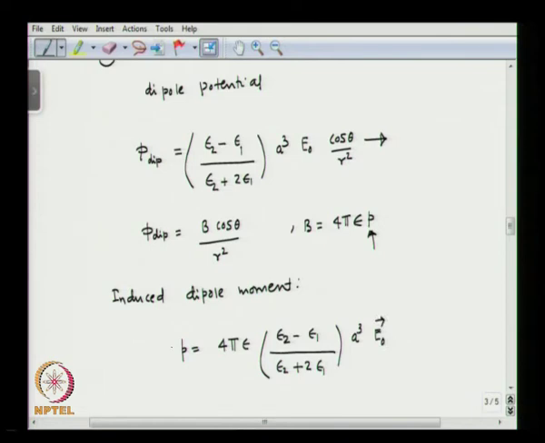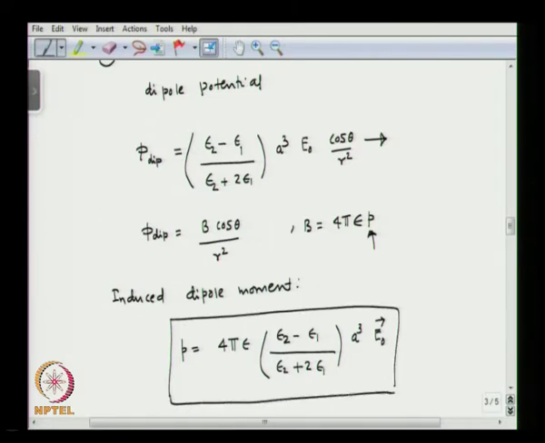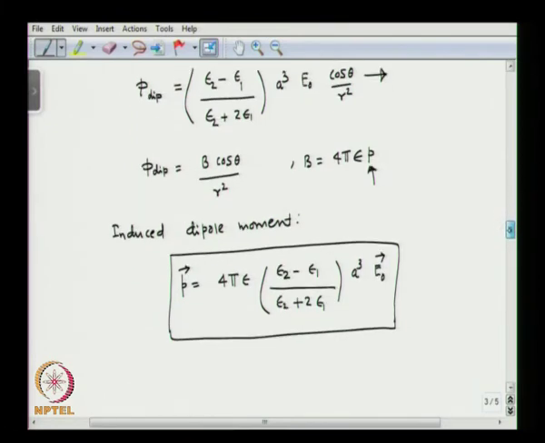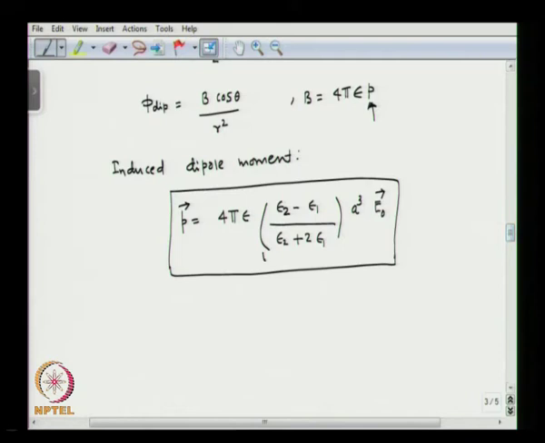So that is going to be the expression for the dipole moment P, and this parameter here, epsilon 2 minus epsilon 1 divided by epsilon 2 plus 2 epsilon 1, is called the Clausius-Mossotti factor.